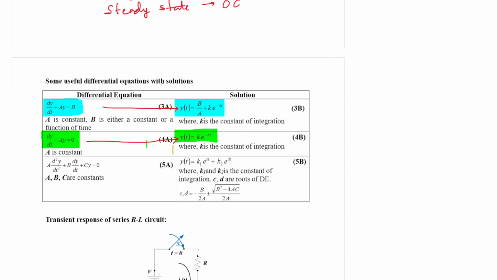Lastly, if we have this type of differential equation, a d2y/dt2 plus b dy/dt plus cy is equal to 0, where a, b, c all are constants, then the solution is y(t) is equal to k1 e to the power ct plus k2 e to the power dt.